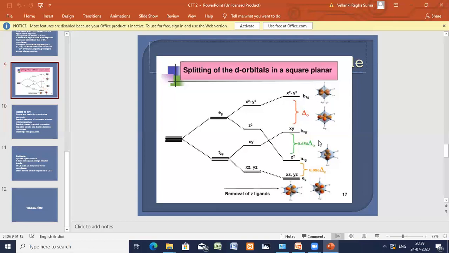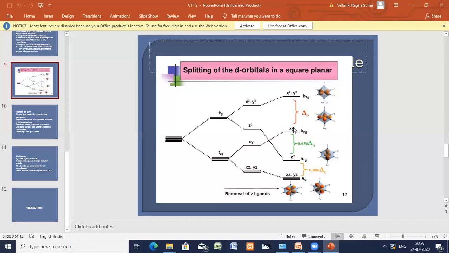The energy of the dx square y square orbital, oriented on the xy plane, is very high since it undergoes high repulsion by the orbitals of the ligands present on the xy axes. The dxy, which is oriented between them, is under less repulsion by the ligands and its energy is a little higher.